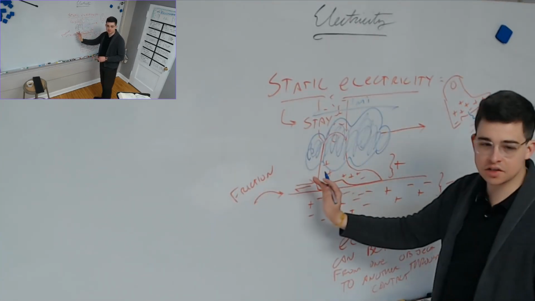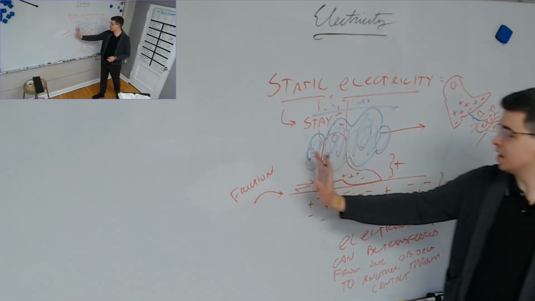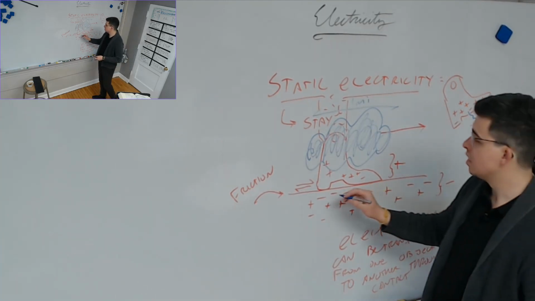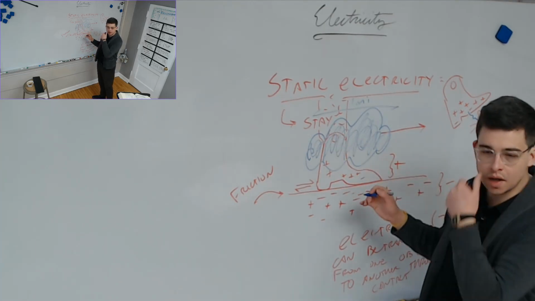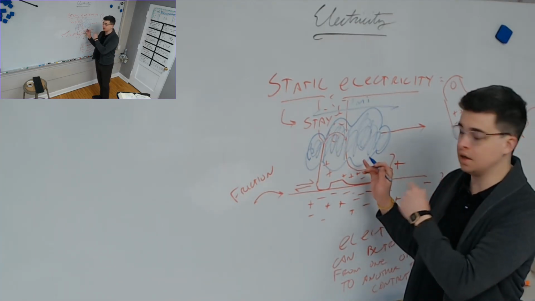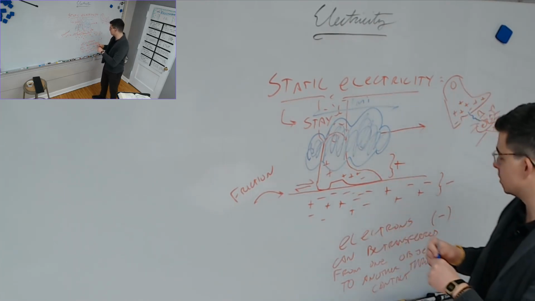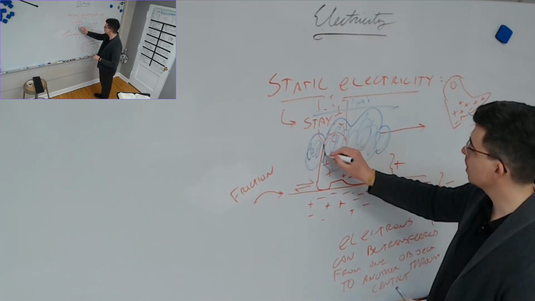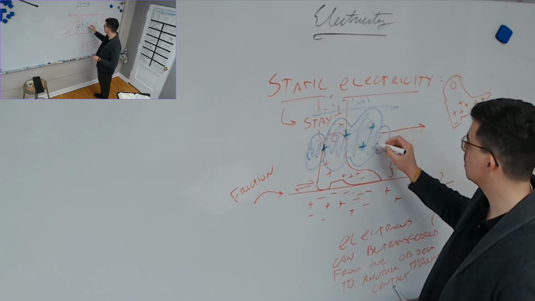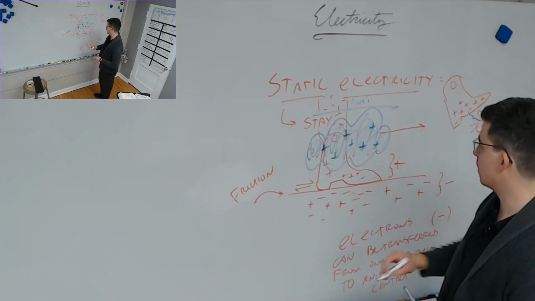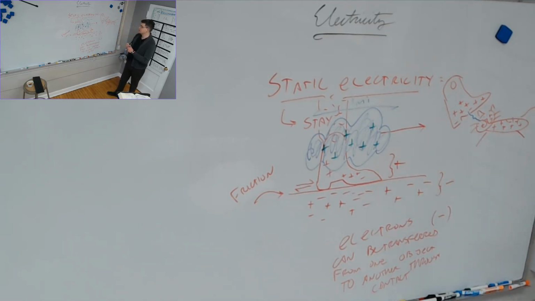And as it rubs across the ground, the same thing happens. Electrical charge transfers. I think usually there's a relatively positive charge in the cloud, and once again a relatively negative charge on the ground.